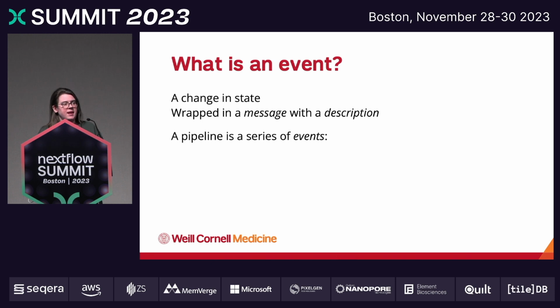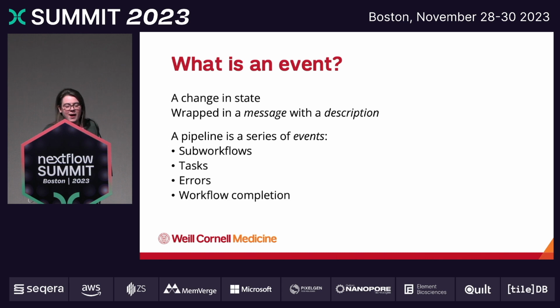We can conceive of a pipeline as a series of events: you have a sub-workflow, you have tasks beginning and ending, you have errors, of course. I personally forget to allocate memory all the time. And of course, there's workflow completion, whether that is successful or an error. So the question becomes, how do we track, discover, and react to these events?